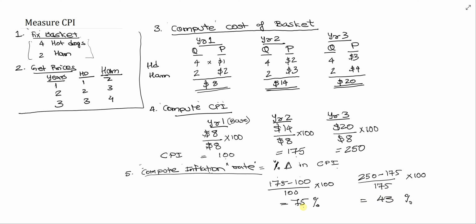So in year 2, the percentage change or inflation rate is 75%. In year 3, the inflation rate is 43%. Obviously, in year 1, you cannot compute the percentage change because there's nothing to base this 100 off. So in year 1, it's not applicable.